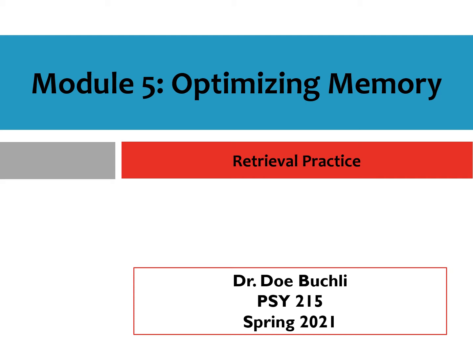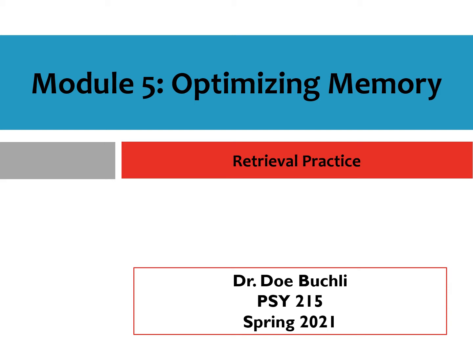I'm calling Module 3A Optimizing Memory because it reviews and supplements Chapter 6 of your text, which talks a lot about effective study strategies and other ways you can make it easier to get information into long-term memory, so to encode information, to store or maintain it long-term, and also to retrieve it.